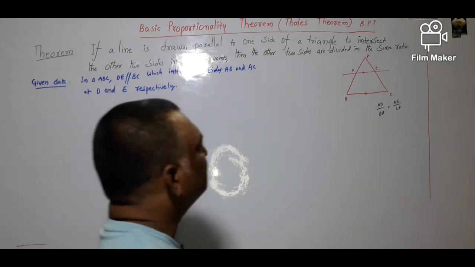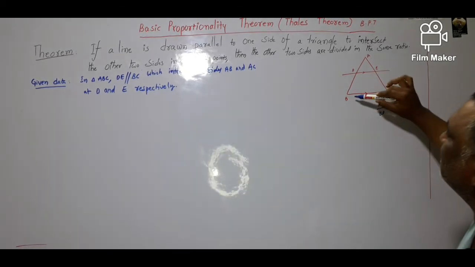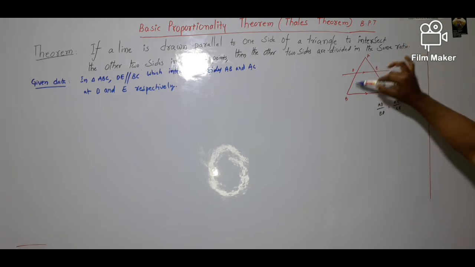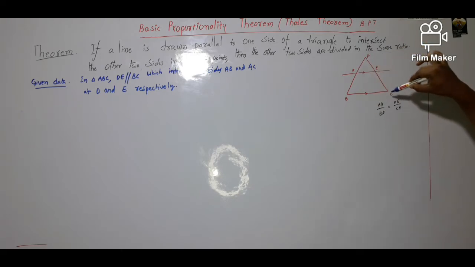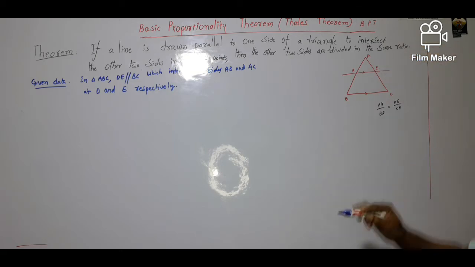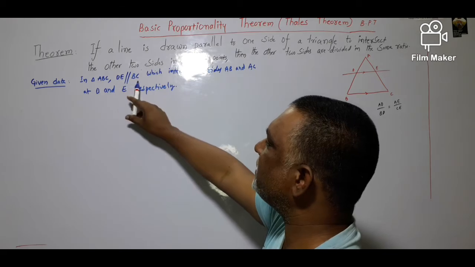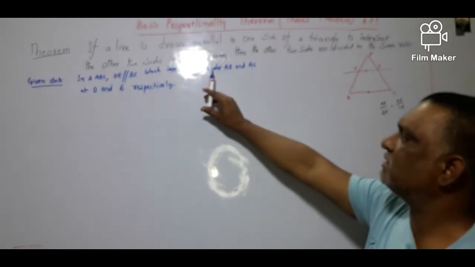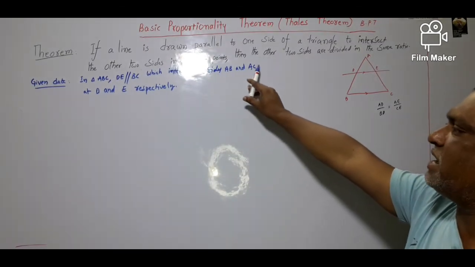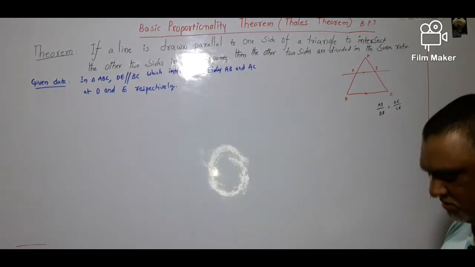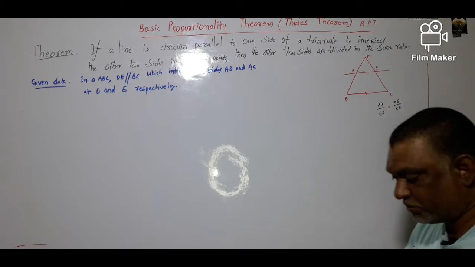AB is cut at D, AC is cut at E. So this is given.